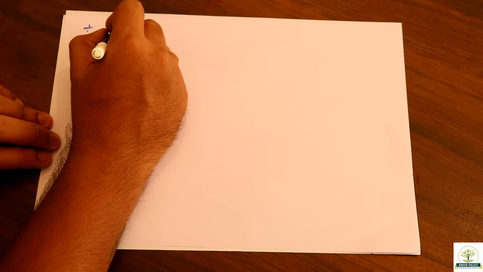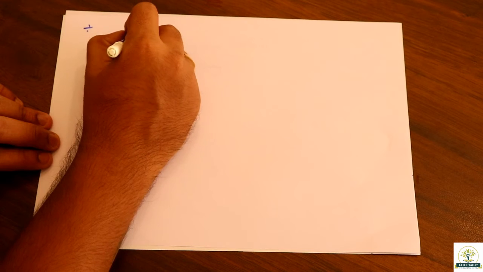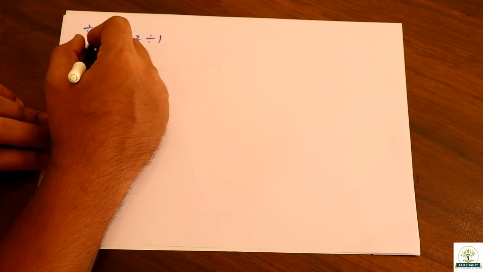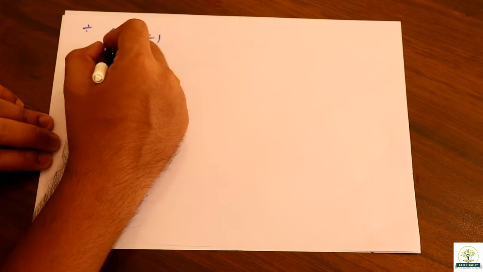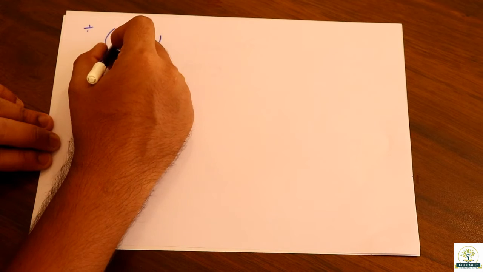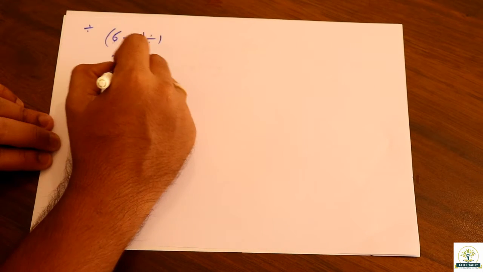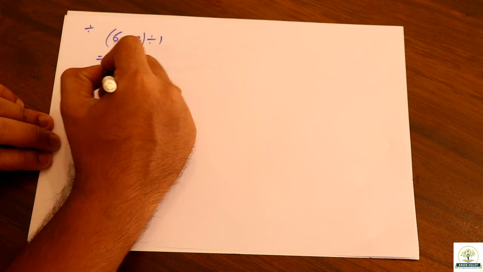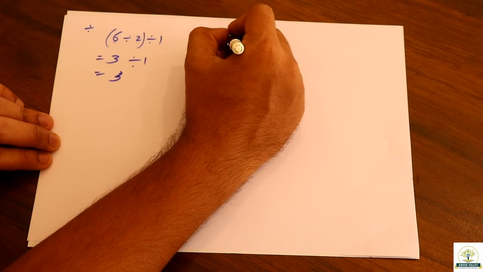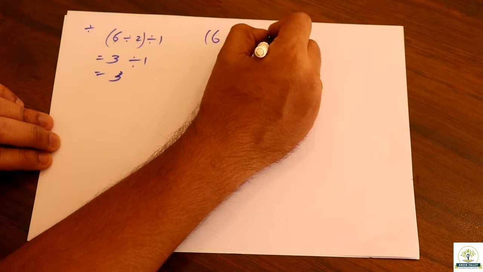Division. If I do 6 divided by 2 divided by 1, that is 6 divided by 2 is 3, divided by 1, 3 divided by 1 is 3. What if I do 6 divided by 1 divided by 2?